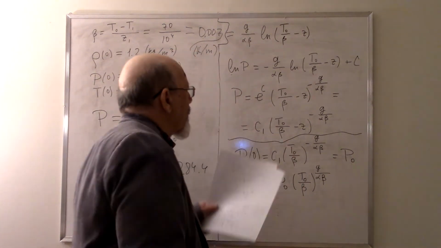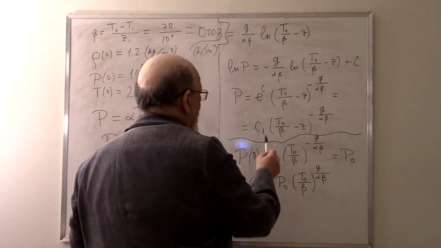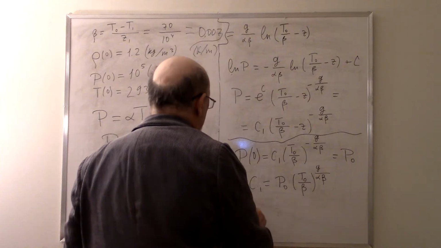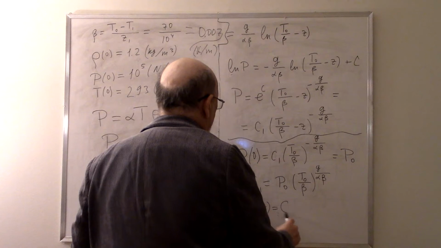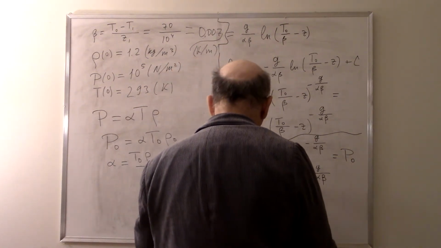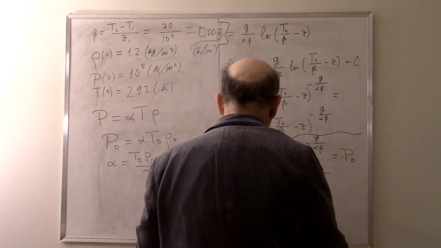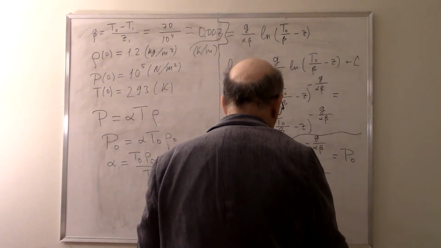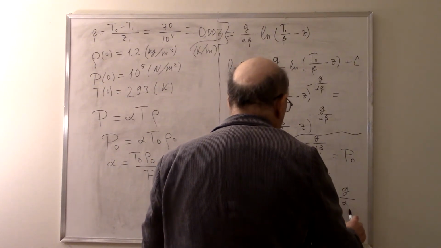T0 is a constant, so let us divide by this constant, and we say P of Z is some other constant C3 times (1 minus beta Z divided by T0) to the power G divided by alpha beta.